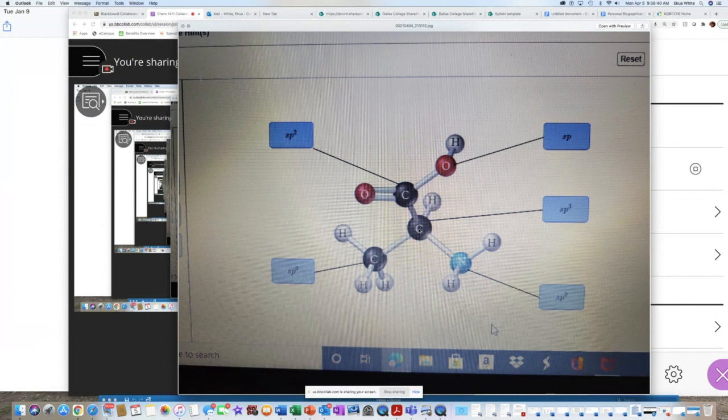Okay, the carbon, single bond, oxygen, H. So I'm going to draw it the best I can, and they want you to figure out what the hybridization is here. And then the double bond, oxygen, and this one's hybridization. There's another carbon back there.